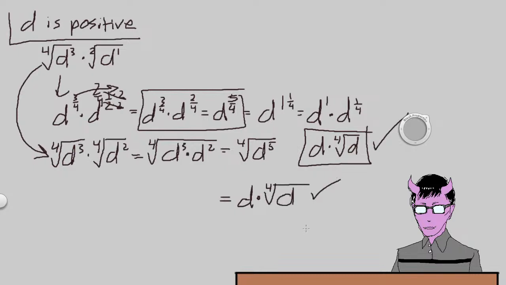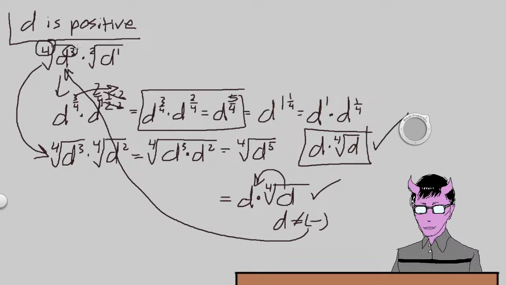There it is. And of course you have to say, because in order to quote unquote yank that out, you have to report that d is not a negative value. Make sure you double check the beginning problem. If you put a negative value into there, you can't take the 4th root of it, because if you cube it, it's still negative, and even roots of negative numbers you cannot take, because imaginary territory.